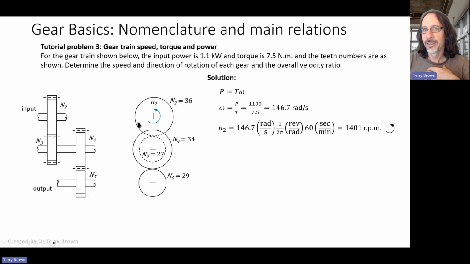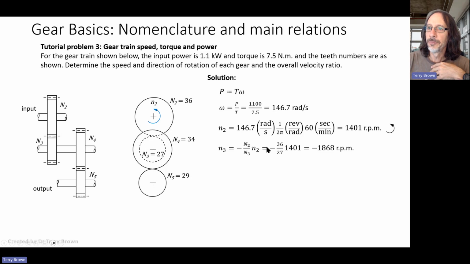If we're considering gear 2 to be rotating anti-clockwise to start with, we can use that same thing that we've been doing for the last 2 tutorial problems to get the speed of N3. From N2 to N3, it's just a simple gear pair, so the direction changes.